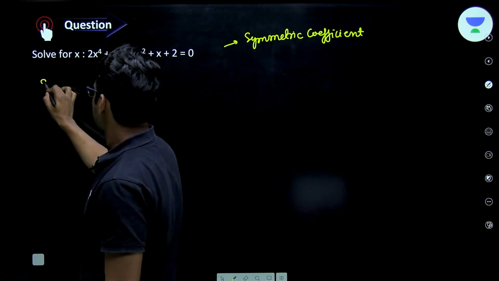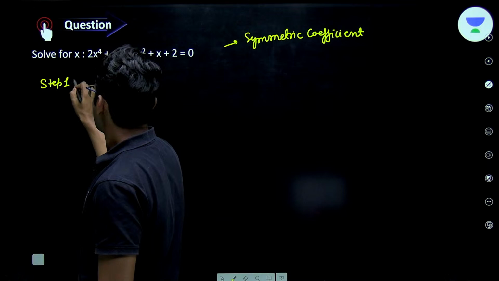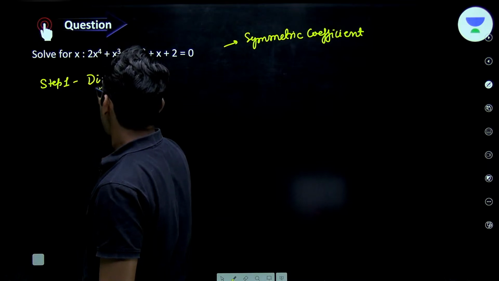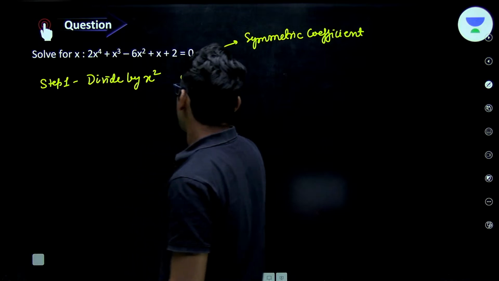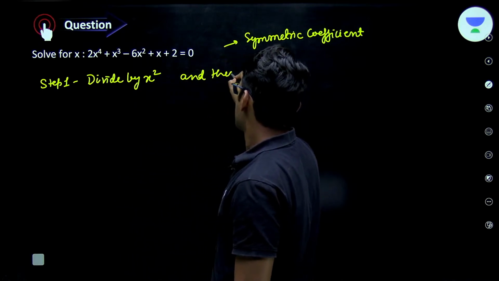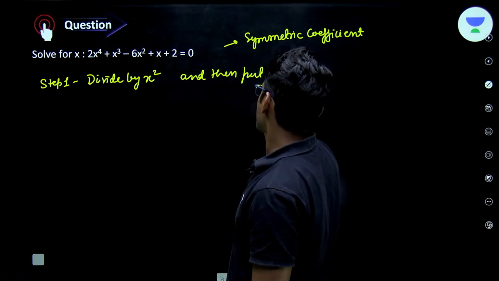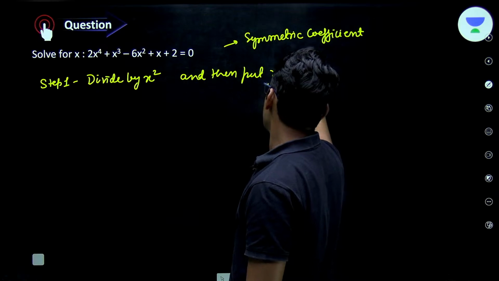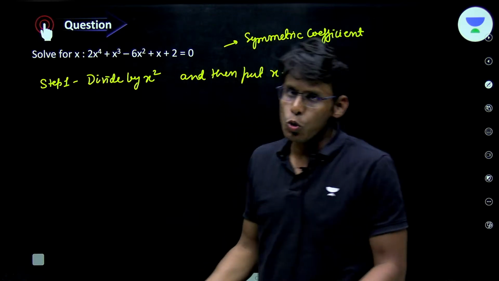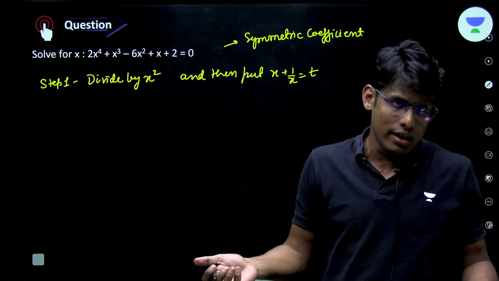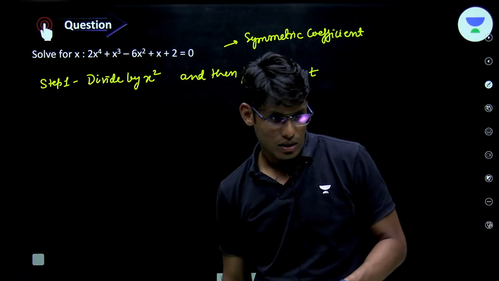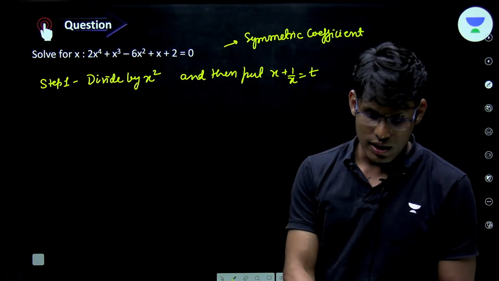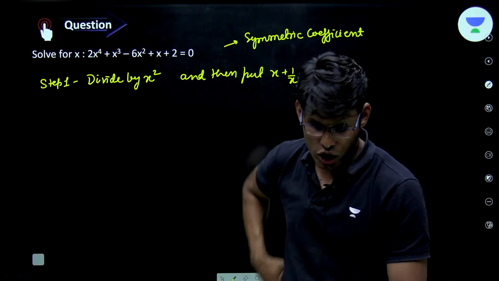Step 1, divide by x square, and then put x plus 1 by x is equal to t. Again, a pseudo-quadratic equation. It has to be a pseudo-quadratic equation. Solve it. This is a very important typology.